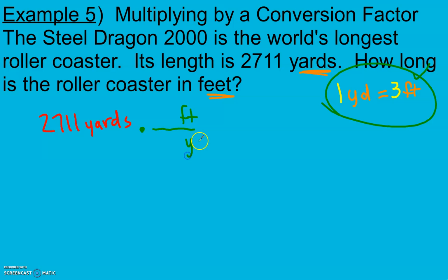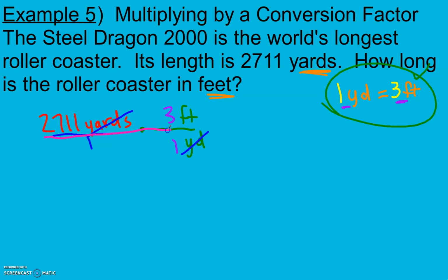And the yards are going to go in the denominator, because what that lets me do is cancel out my labels. Anything divided by itself. And remember, I can write this as over 1. Whole numbers we write over 1. So I have yards in my numerator and yards in my denominator. Those cancel out. So I have 3 goes with my feet. 1 goes with my yards. Now with fractions, we multiply straight across.